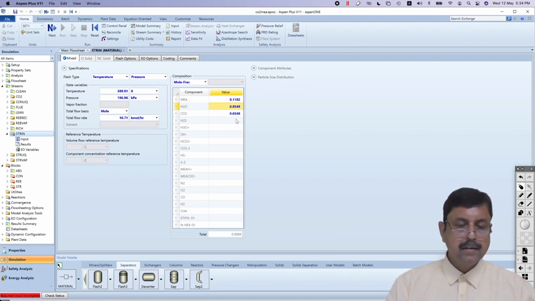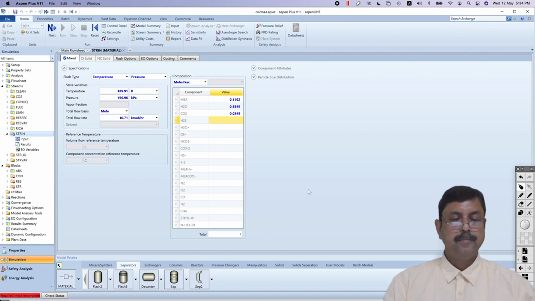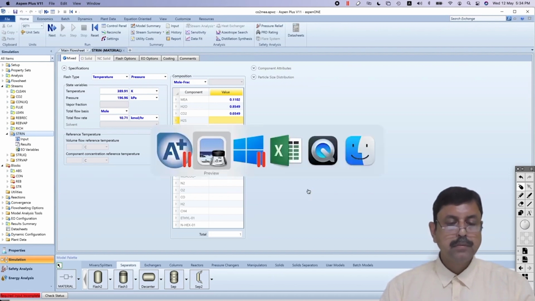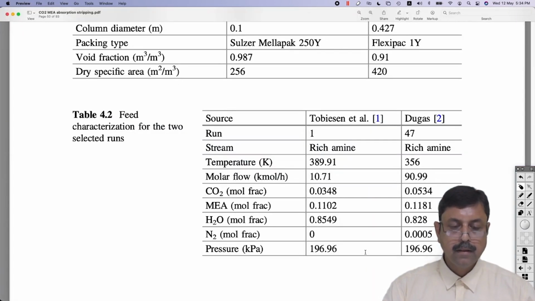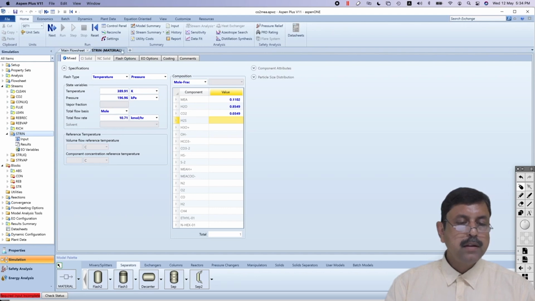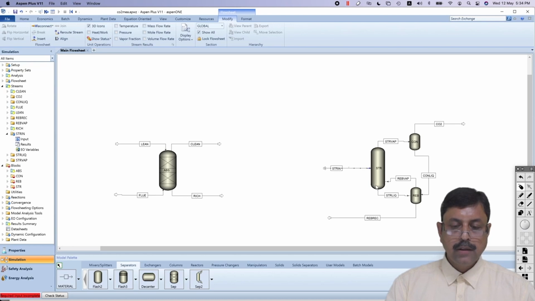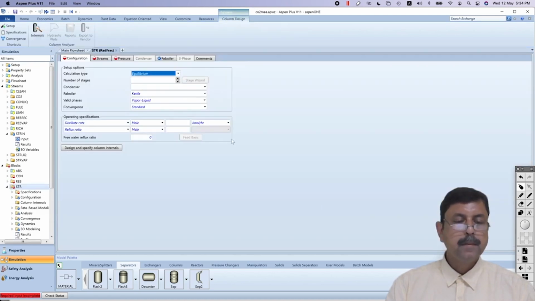So let us add one somewhere. Let us add here. That makes 1. Okay, so everything has been given. Now stream in has been given. Stripper, again it is rate based.